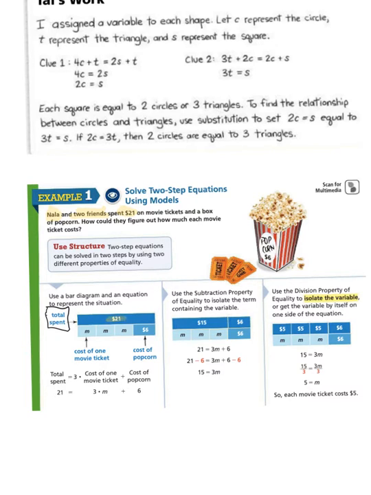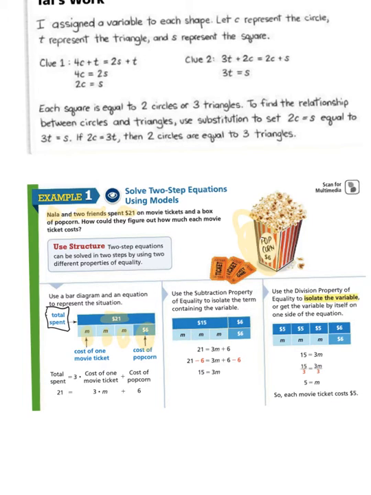So they have the $21 for the total, and they know that Nala and two friends went to the movie. So they show us 3 bars that are M's. Then, looking at the box of popcorn over here, you know the popcorn is $6, so they bought 1 thing of popcorn.